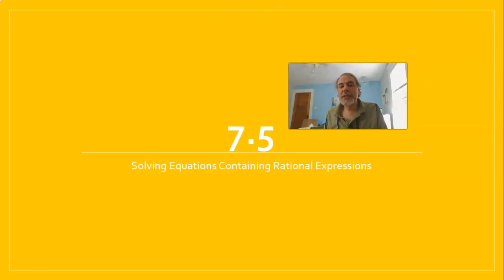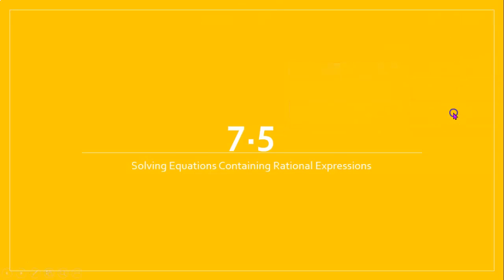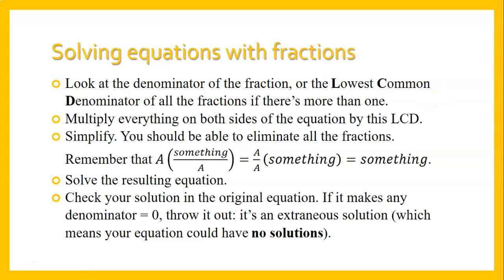So here is the strategy for solving equations that involve fractions. If there's just one fraction, look at what it has in the denominator. If there's more than one fraction, look at the lowest common denominator of all the fractions.